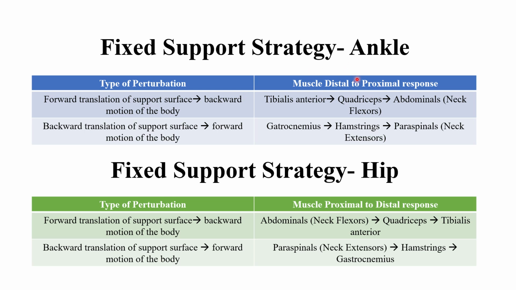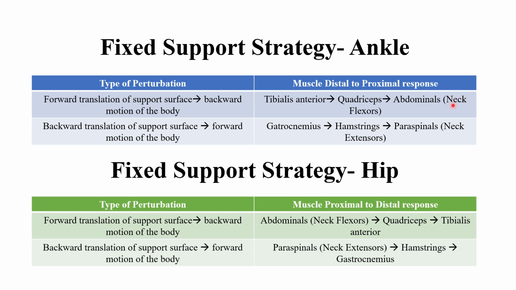So if the ankle strategy is predominant, the muscles will start acting from distal to proximal to prevent the backward motion of the body, so that the muscles in the anterior aspects causing forward motion of the body will start acting, where the ankle will start with tibialis anterior action promoting dorsiflexion, which is towards the forward direction.